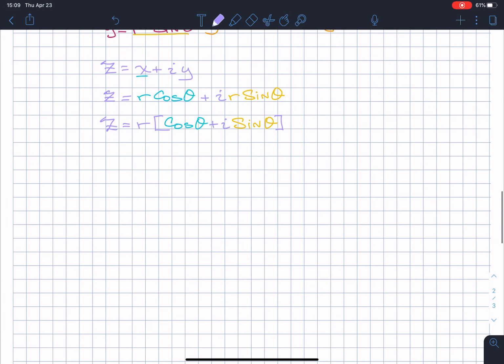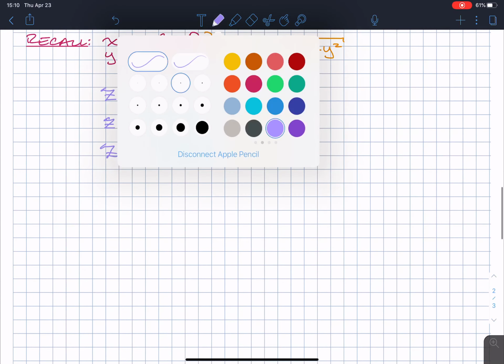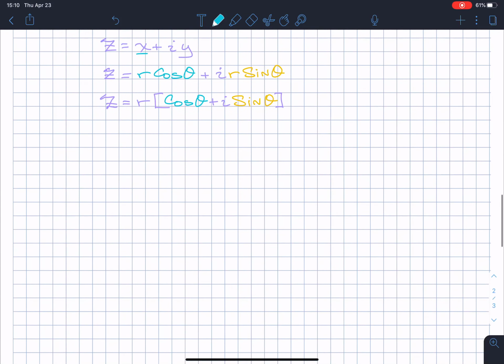Okay, so this, of course, would be the trigonometric form of a complex number. So definition. Let z be equal to a plus bi, a complex number.